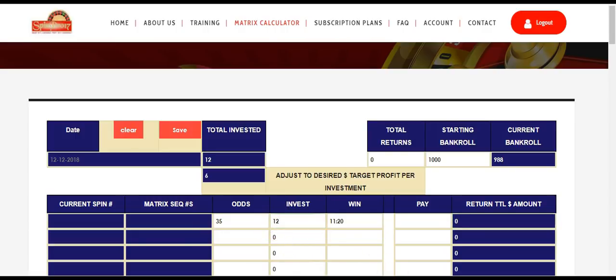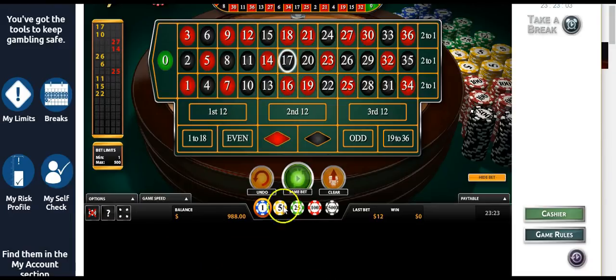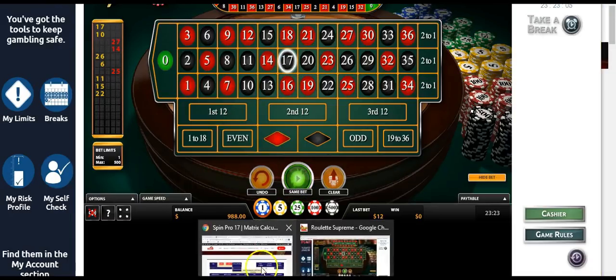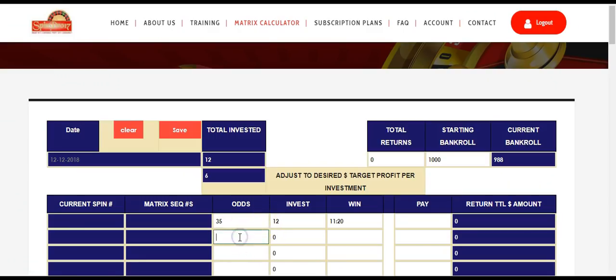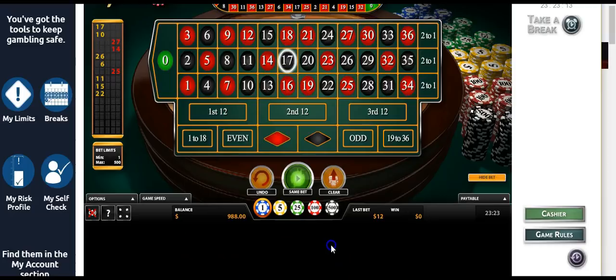Now, what the calculator says is 12, so we're going to put in 34 in here. The calculator says, again, invest 2 units per spin, so we're going to rebet.